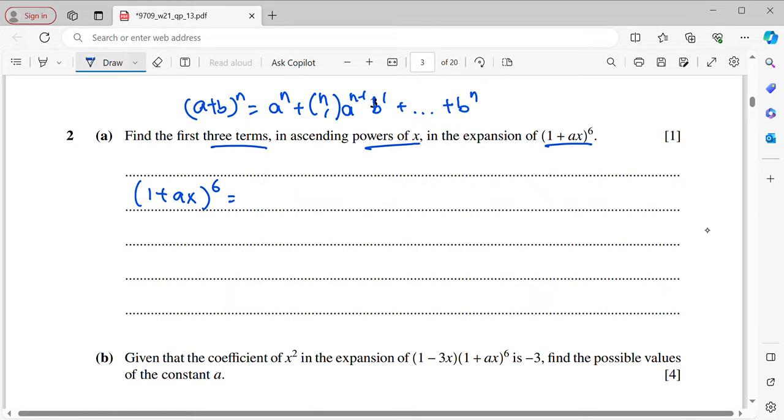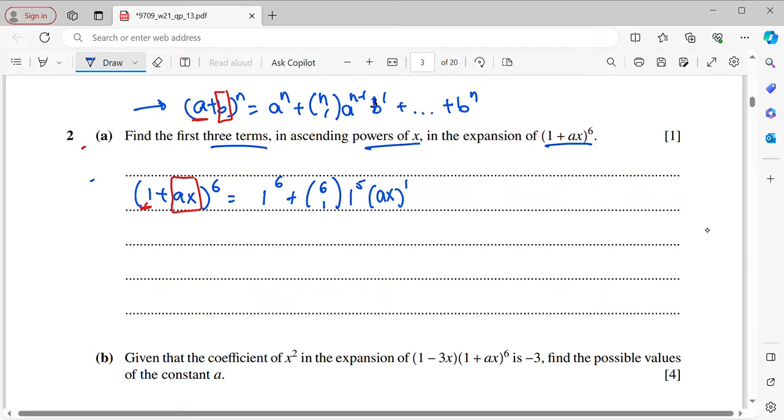So from here, my a is 1, and my b is ax. By using the binomial expansion formula, I will be getting 1 to the power 6 plus 6C1, 1 to the power 5, (ax) to the power 1.